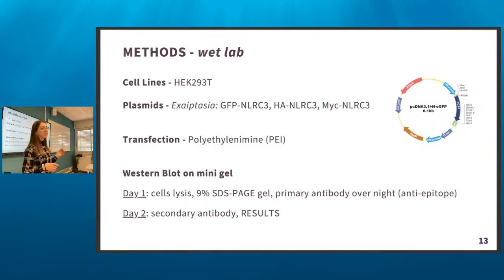On the first day, the cells were lysed, the proteins were migrated on a 9% SDS-PAGE gel, then transferred onto a nitrocellulose membrane, and a primary antibody was applied on this overnight. Then on the next day, a secondary antibody was used, and the results were obtained.